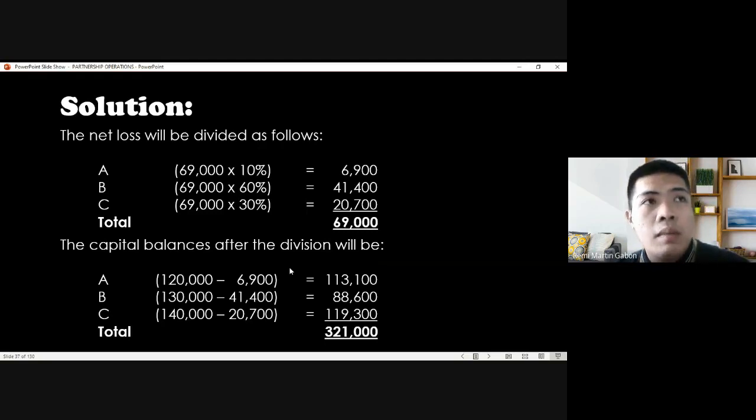Since they are the same in the ratio, the profit and loss, that's the result of the distribution. Okay, higher amount of loss absorption for B. Then for C, we have 119,300 for a net total of 321,000.